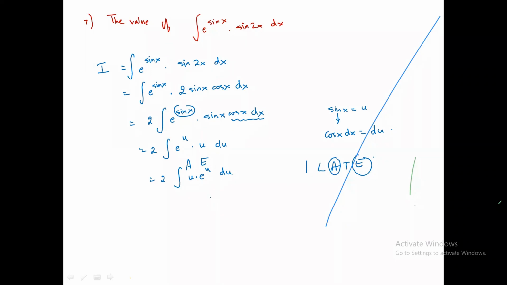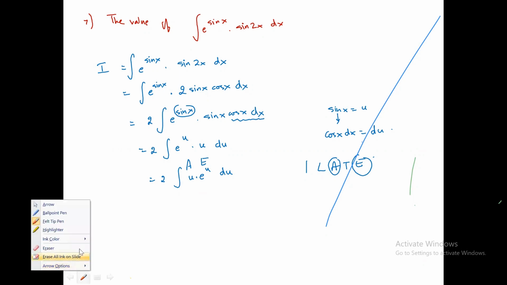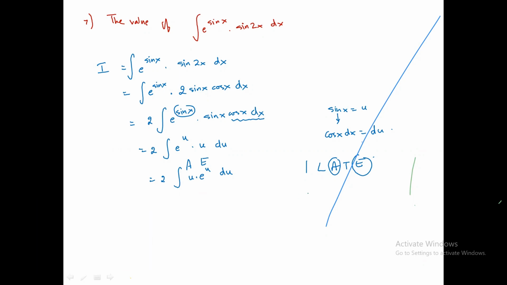Now I have to use integration by parts. There are many ways to learn integration by parts, but I have one shortcut formula. If you have integral of u dv, you can write uv minus integral v du. This is the formula I will be using.